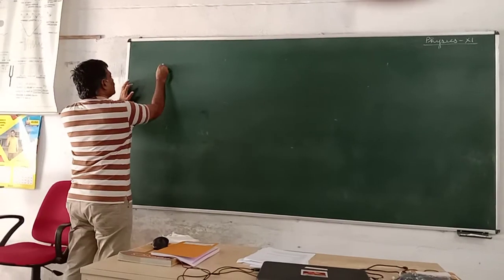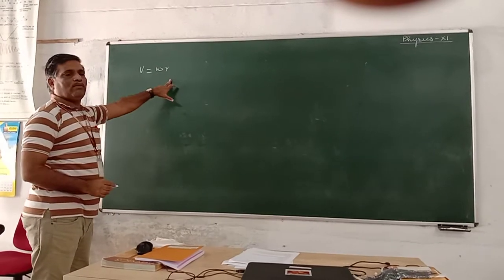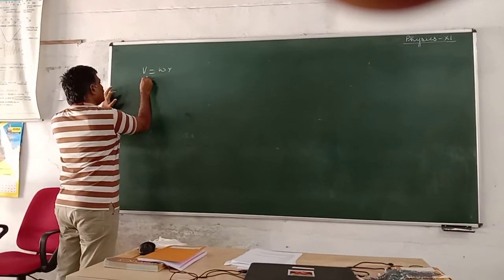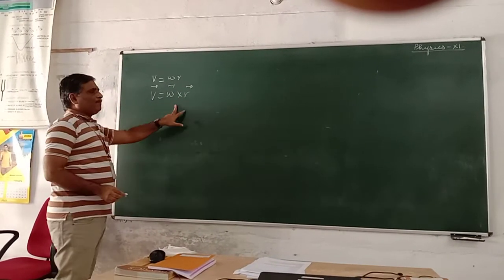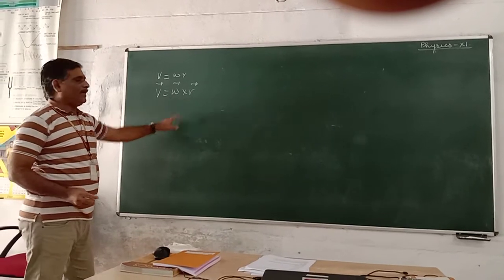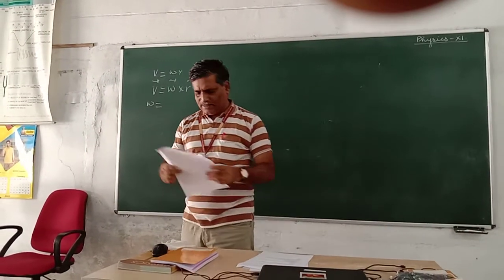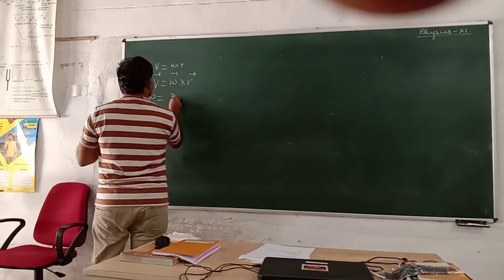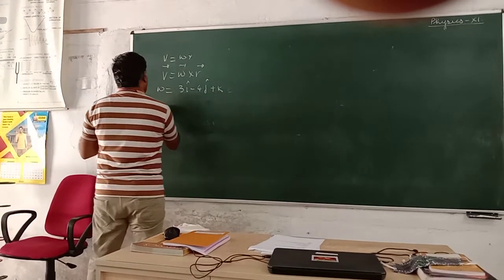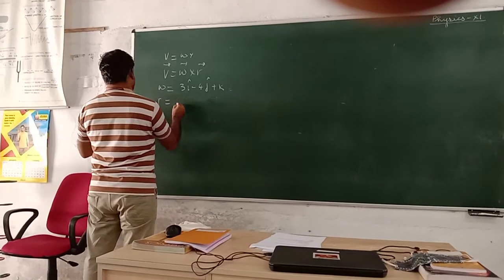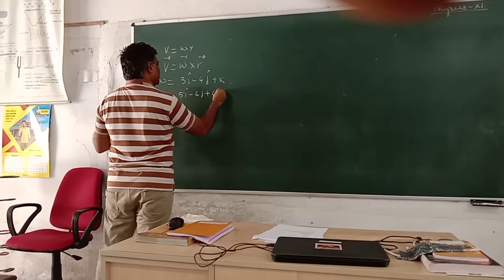We know that velocity is equal to omega into r. But all these three are perpendicular to each other. Therefore, linear velocity is omega cross r. Omega is given as 3i minus 4j plus k. r is given as r is equal to 5i minus 6j plus 6k.